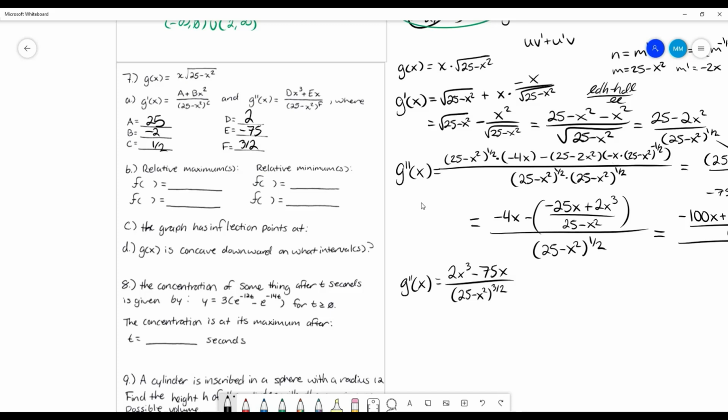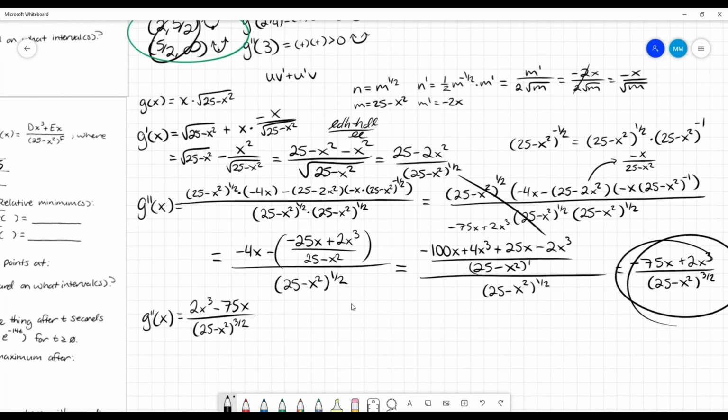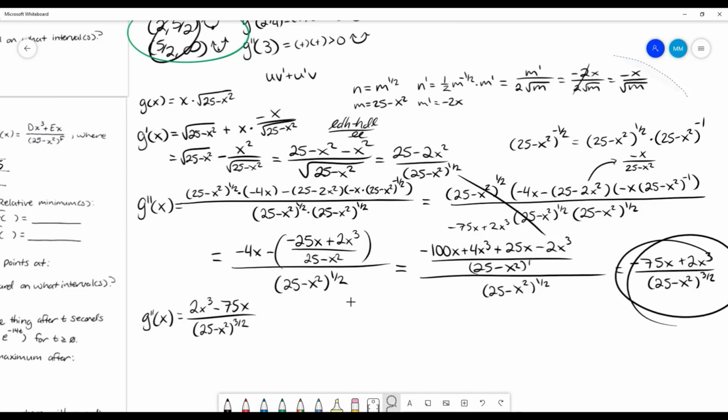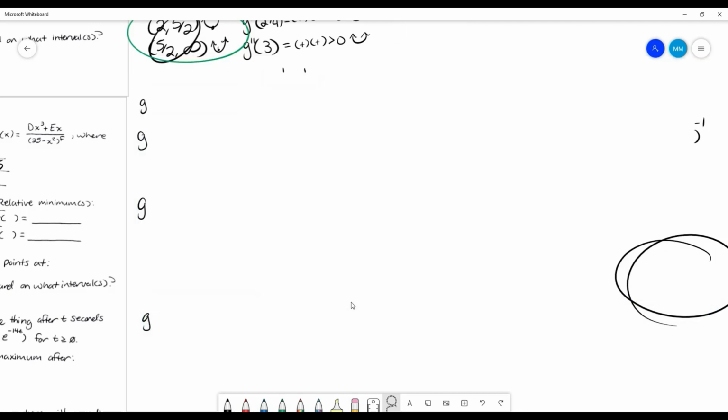Now we're not done with this question, as much as I'm sure we'd like to be. I'm going to erase this and just rewrite those derivatives so that we've got a nice clean blank canvas to work on for the rest of this question. Oh, that didn't fully work, but that's okay.